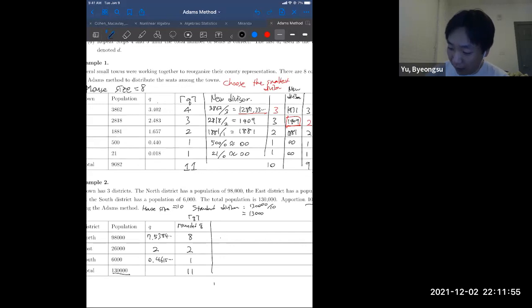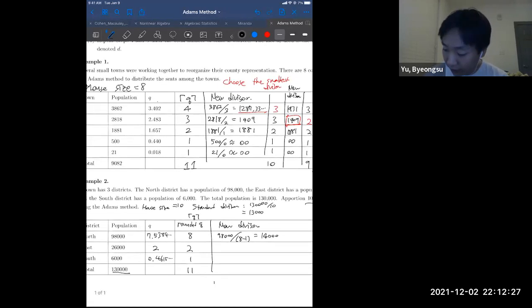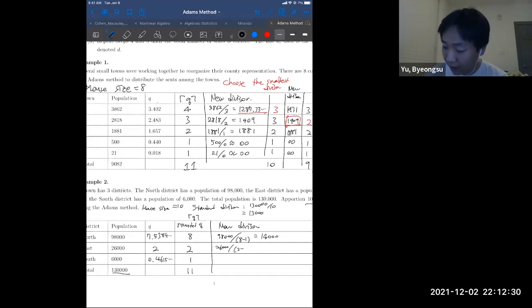For A, the new divisor is 98,000 divided by 8 minus 1, which is 98,000 divided by 7. If you compute this, you get 14,000, because 98 is just a multiple of 7. If you divide 26,000 by 2 minus 1, it is just 26,000.